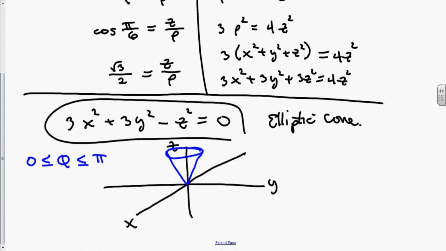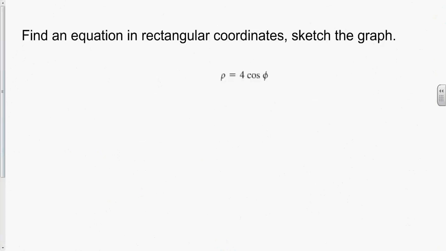Okay. Let's see. Find an equation in rectangular coordinates and sketch the graph. Let me leave that one for you to do. Let's see if you can do that one right now.